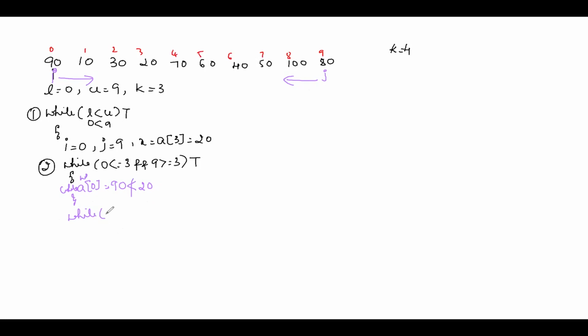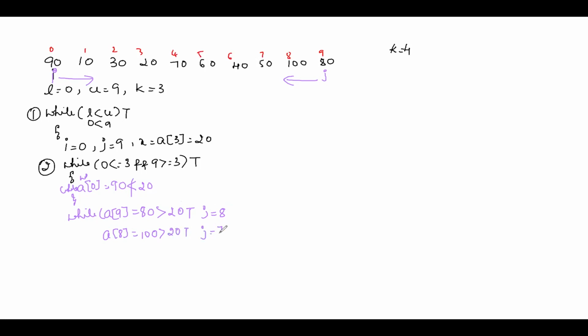In the next while loop we are checking whether a of j, a of 9, which is 80, is greater than the value of x, which is true in this case. Hence, I'm going to reduce the j value to 8. Next, a of 8, which is 100, is greater than 20, which is also true.